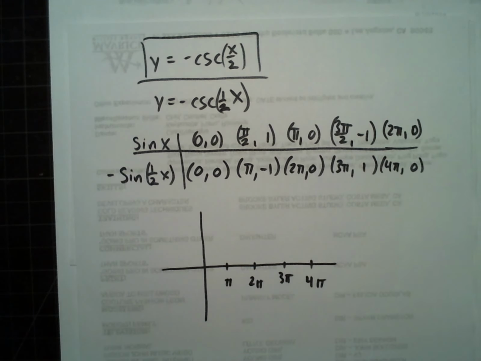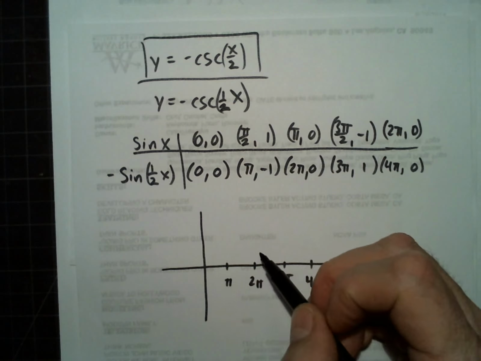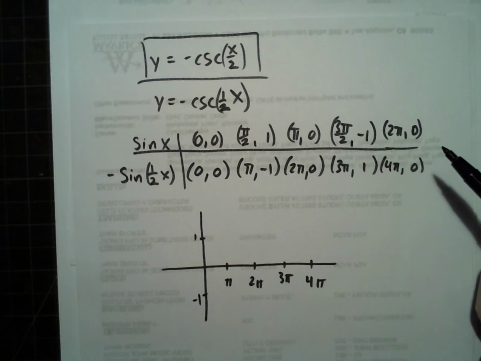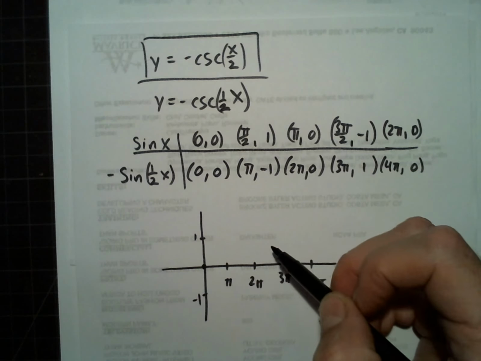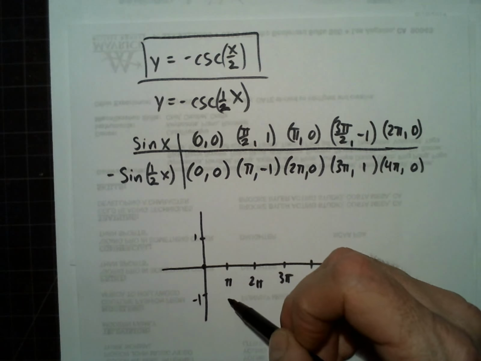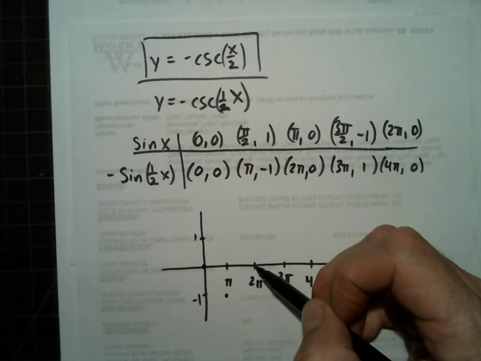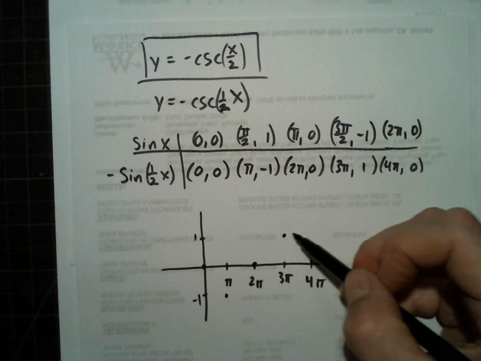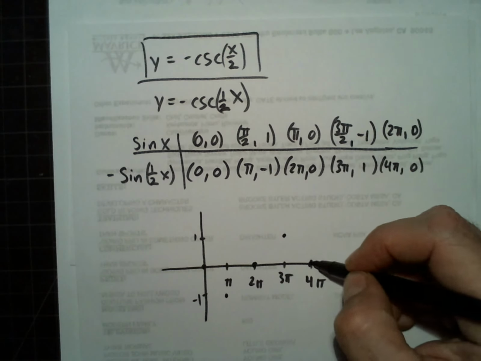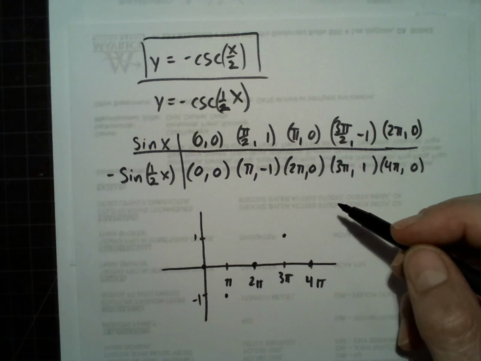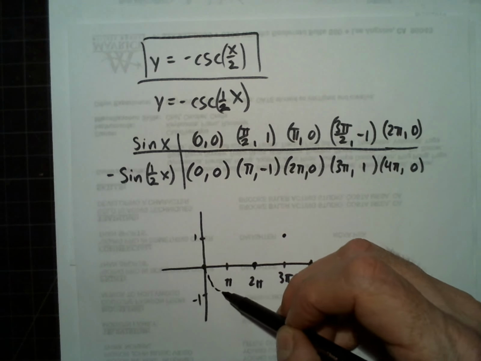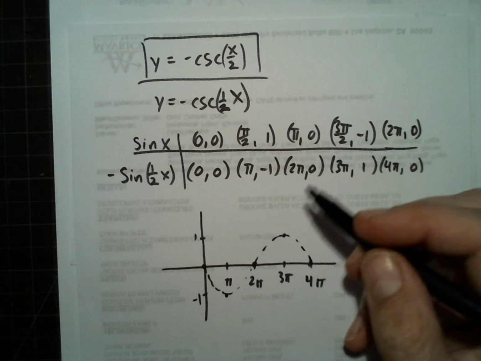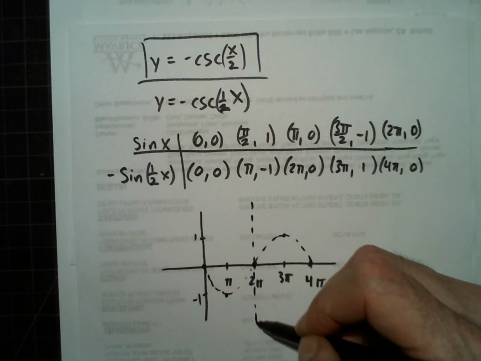Okay, so we're going to go from 0, 0 down to pi, negative 1, and then at 2 pi we're at 0, 3 pi we're at 1, 4 pi we're at 0, and make that a dotted line because we're going to reflect it.